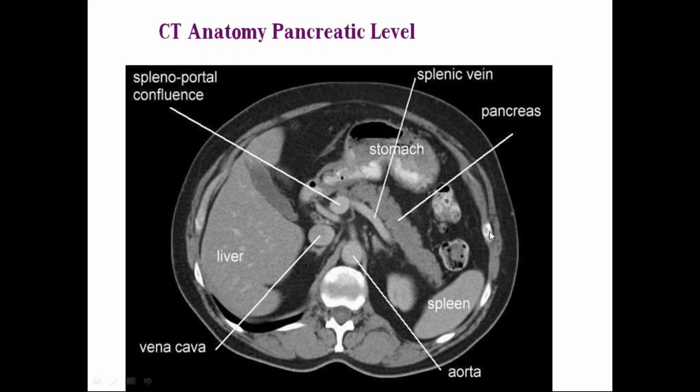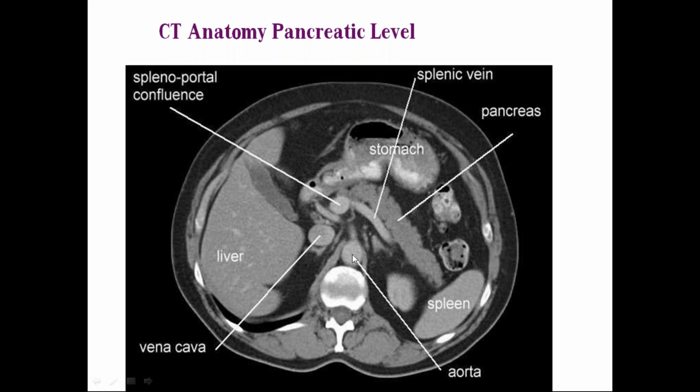This is a CT scan image showing a dilated pancreas with splenoportal veins, aorta and vena cava. This is anteroposterior, if you clearly appreciate. These are the muscle layers, this is a cut section, and these are vertebrae. This is anterior and this is posterior.